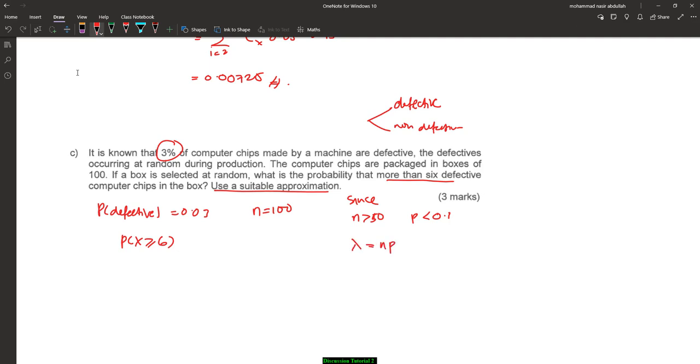So lambda is equal to np, so 0.03 multiplied with 100. This one should be equal to 3, right?